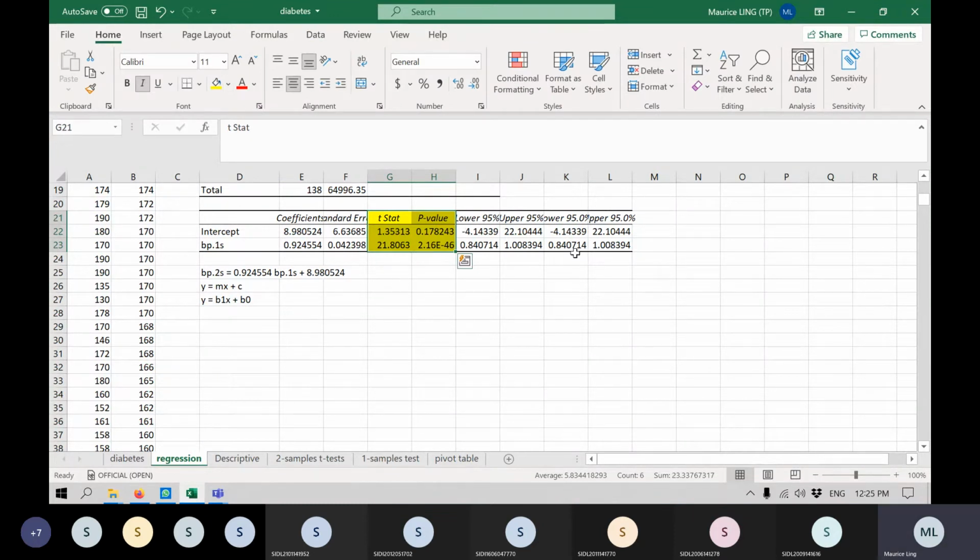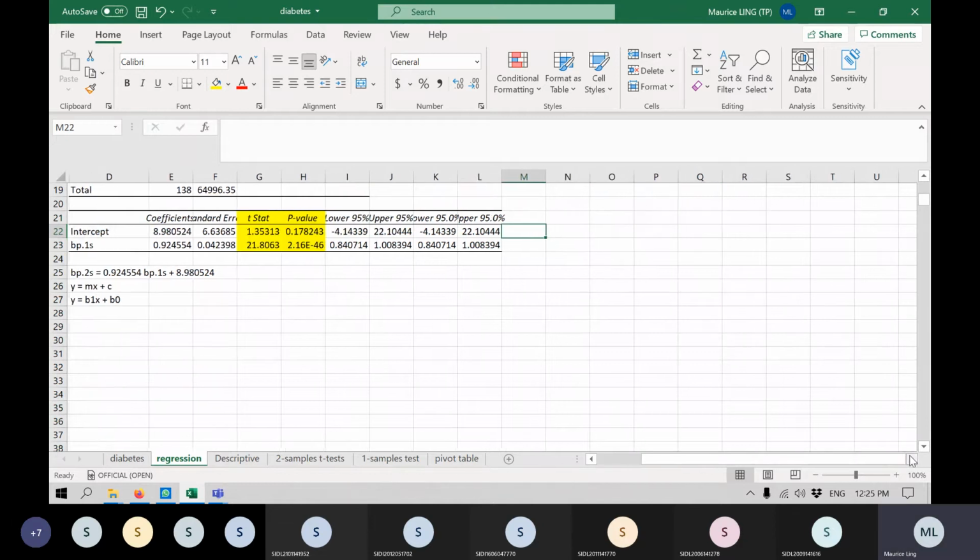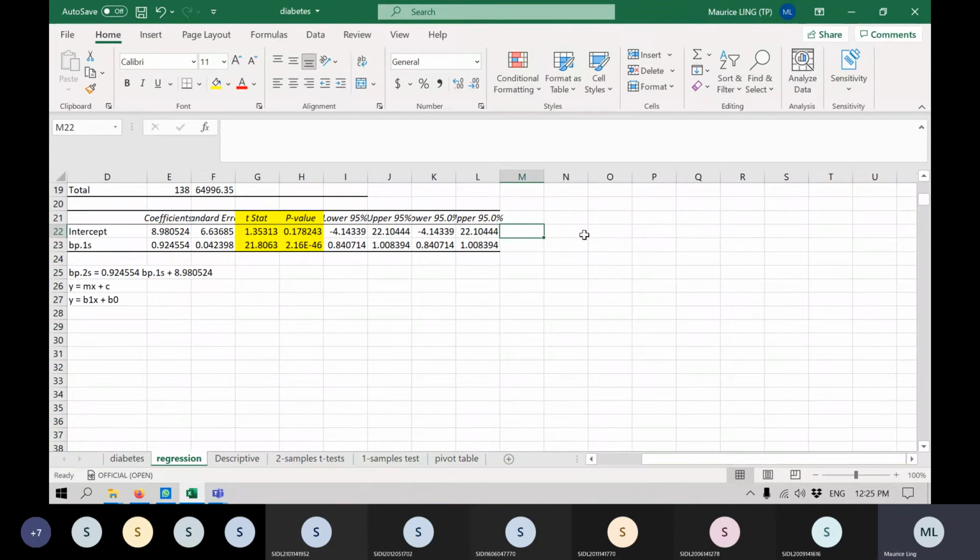These values are asking for the null hypothesis. Okay. You are testing the null hypothesis that beta 0, or y-intercept, equals 0.